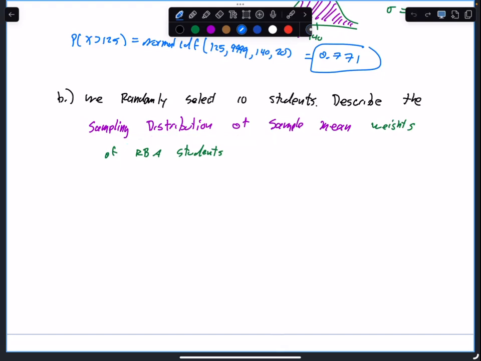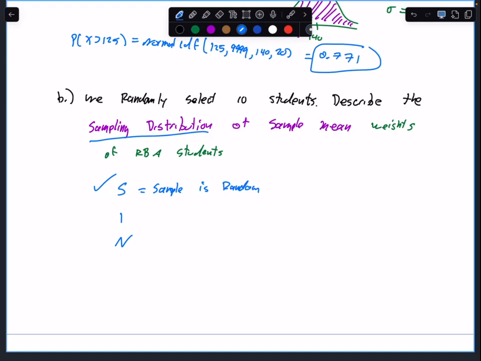We're going to check the conditions. The first one, the sample is random. Yep, it says it right there: random sample.